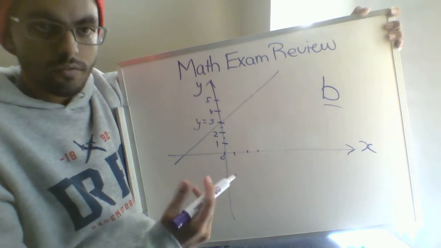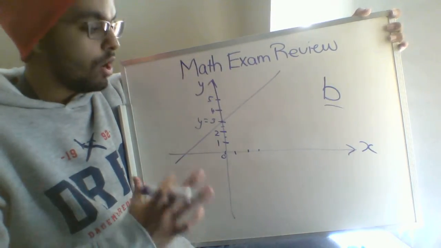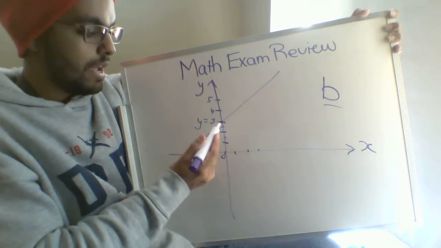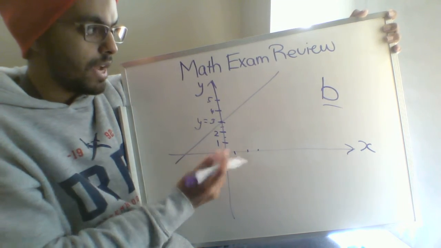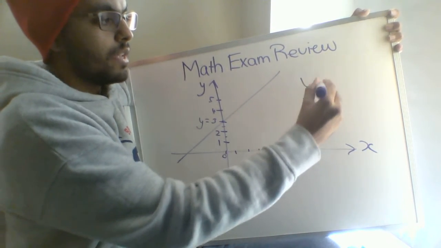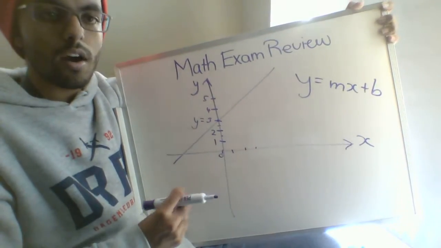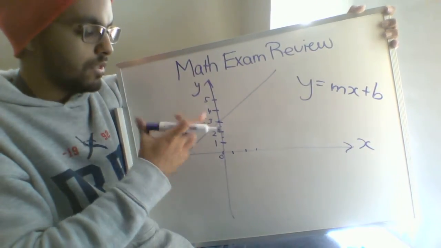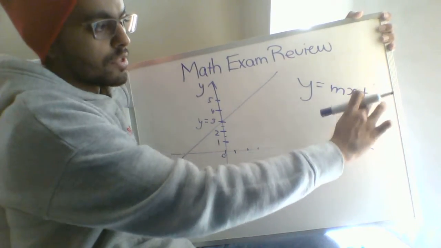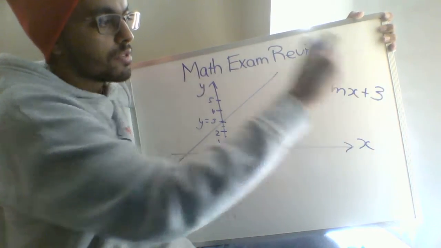All right, so if I've given you a graph, all you have to do is look at it and figure out where it crosses the y-axis. So when your equation is y equals mx plus b, m is the harder one to figure out. B, you look at this, oh, it's 3, so instead of plus b, I put plus 3.